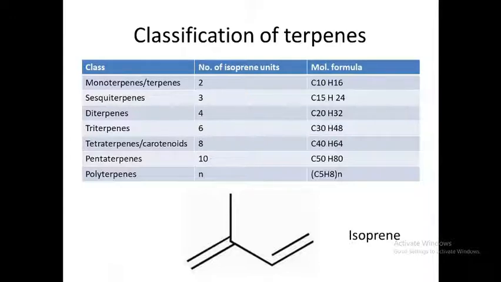So molecular formula C50H80. And last is the polyterpenes, which consist of n number of isoprene units, more than 10. So of course the molecular formula will be (C5H8)n, where n indicates the number of isoprene units. So based on the number of isoprene units in the terpene structure, the terpenes are classified into different ways.